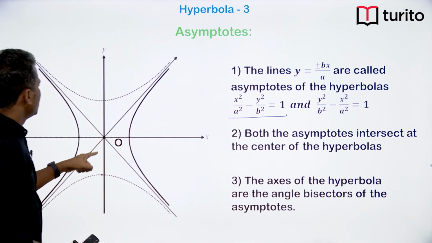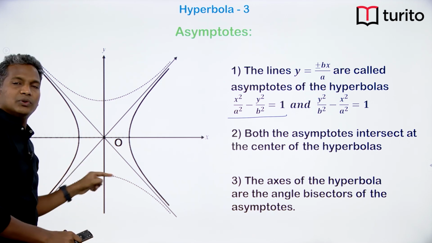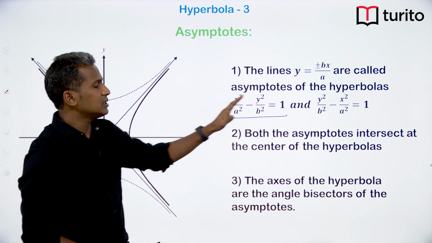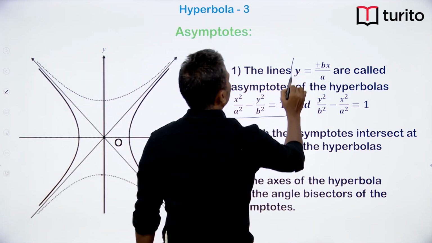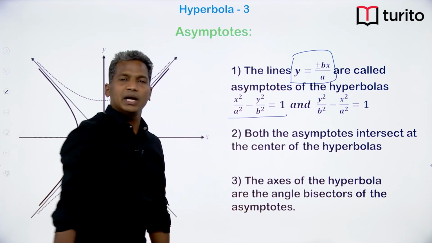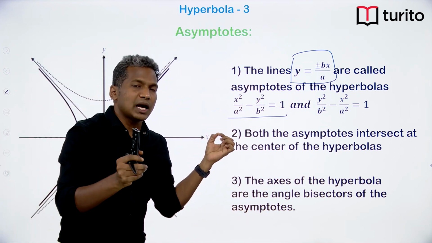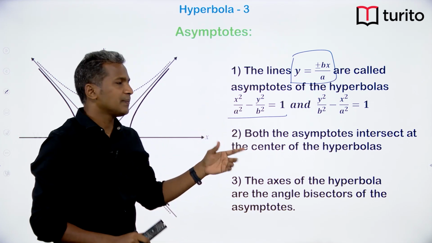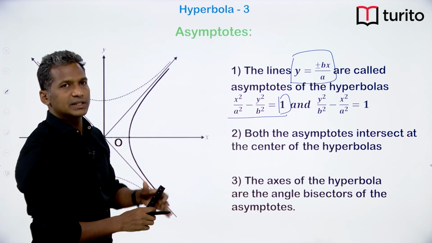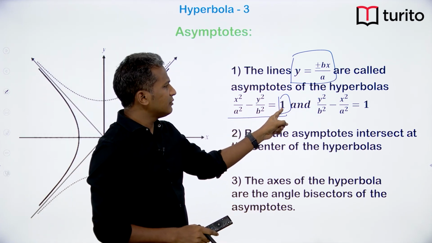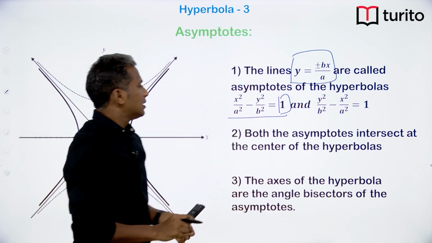If you observe this darkened hyperbola and this dotted hyperbola, both have the same asymptotes, which are y equal to plus minus b by a into x. I have also explained the style of calculating these asymptotes: in place of 1, you just put 0 to get the asymptotes, and if you put minus 1, you get the conjugate hyperbola.